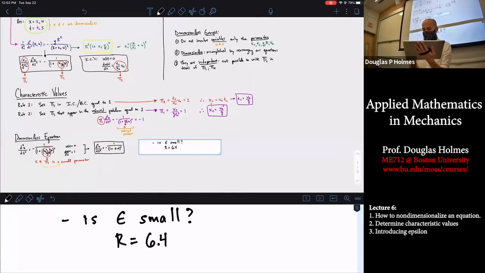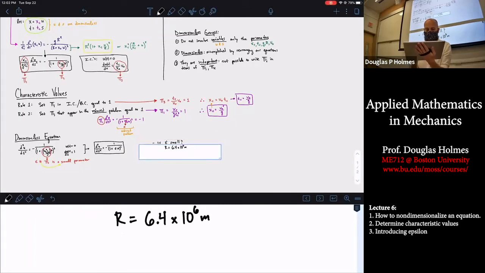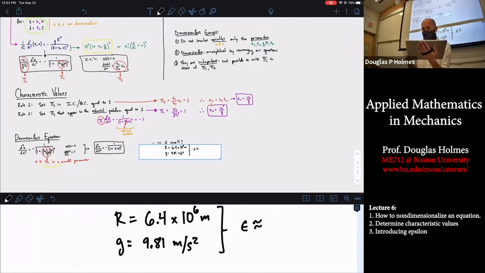I found it to be 6.4 times 10 to the 6 meters, roughly. g is like 10, say 9.81 meters per second squared. Putting this together, epsilon is approximately 1.6 times 10 to the negative 8 times my initial velocity squared.